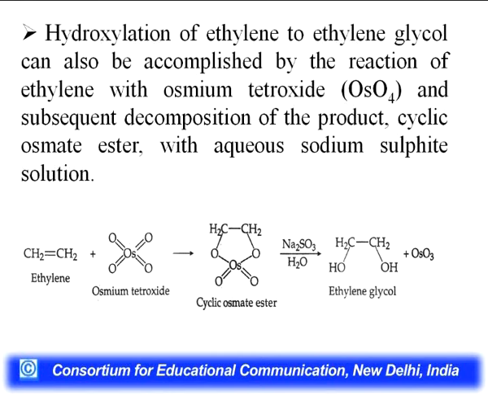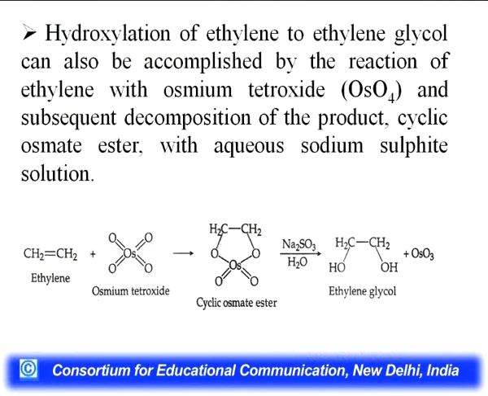Next preparation: hydroxylation of ethylene to ethylene glycol can also be accomplished by the reaction of ethylene with osmium tetraoxide, that is OsO4, and subsequent decomposition of the product, the cyclic osmate ester, with aqueous sodium sulphite solution.